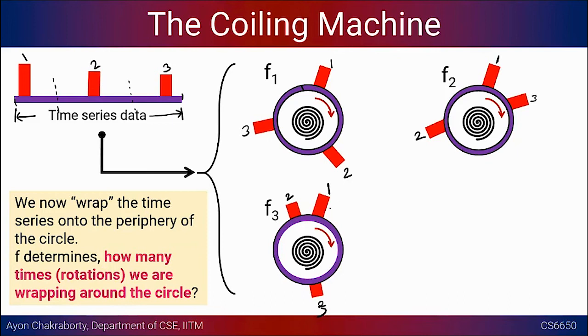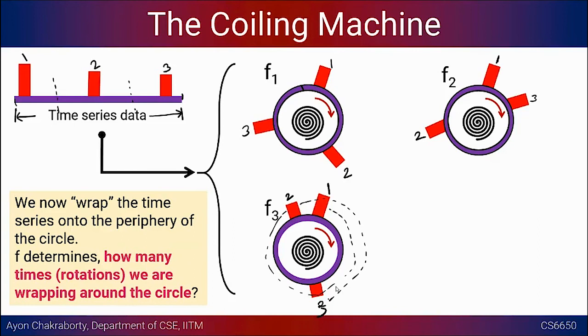So first is 1, then you rotate it, then 2, and then you make 1 more turn, and then it comes to 3. That's why it's called the coiling machine. It's wrapping it in the form of a spiral.